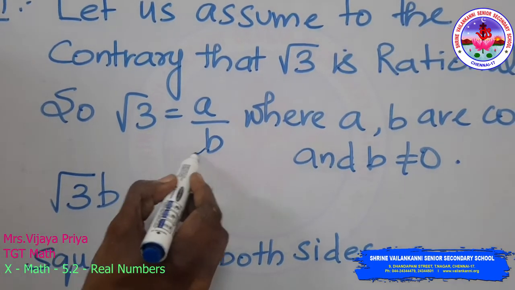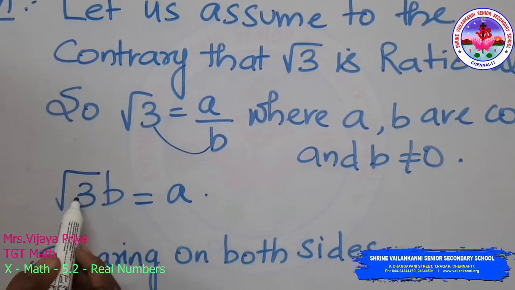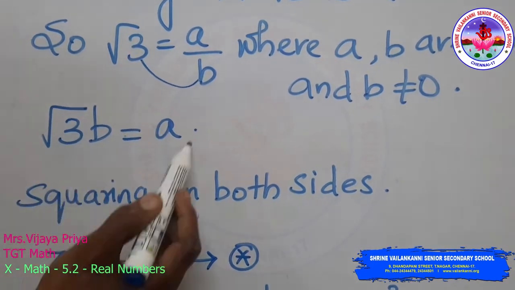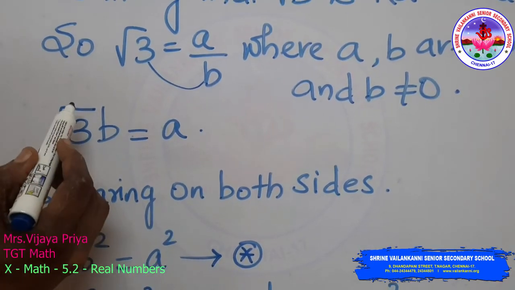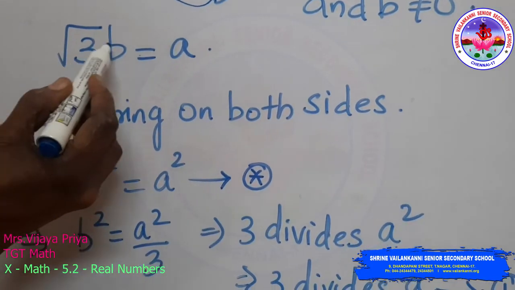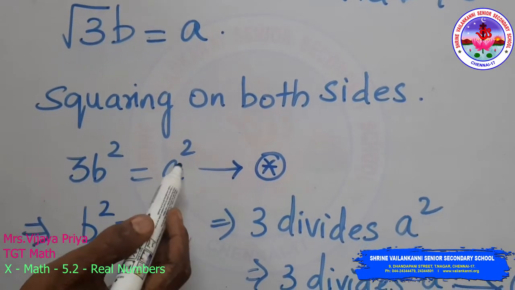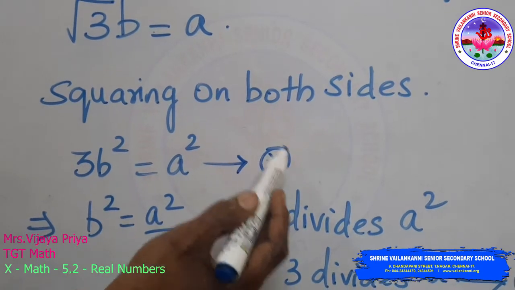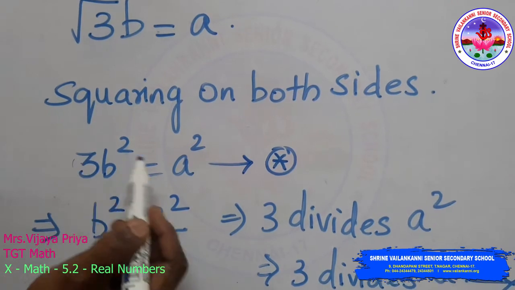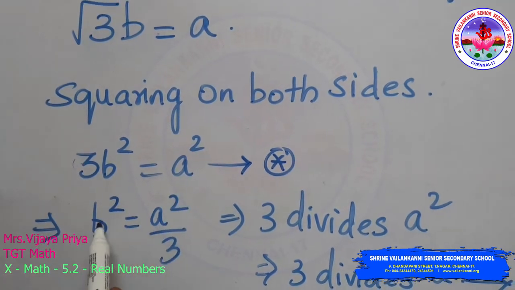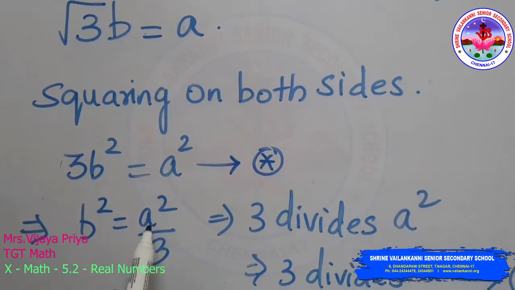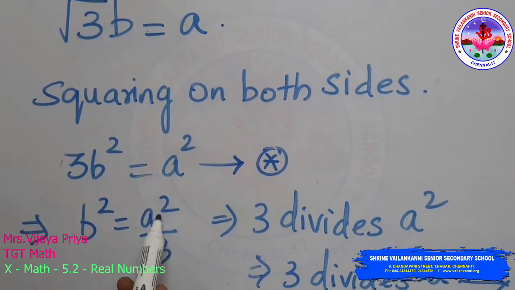I am bringing b here, so it gets multiplied. We will get root 3 b is equal to a. I am going to square this in order to remove my square root. So squaring on both sides, I will get 3b squared is equal to a squared, calling this equation star. Now if you bring this 3 to the other side, it comes as b squared is equal to a squared divided by 3, which means that 3 divides my a squared.